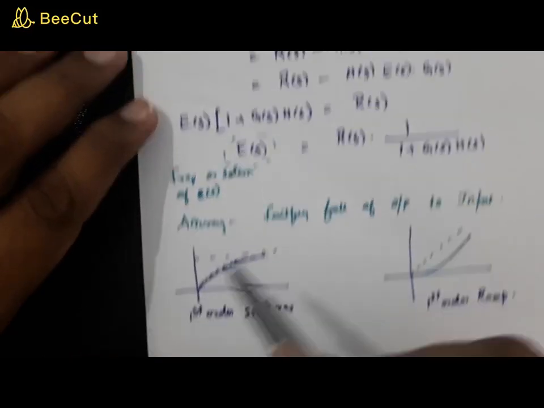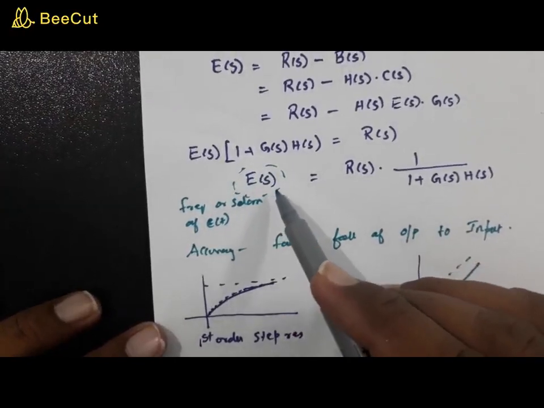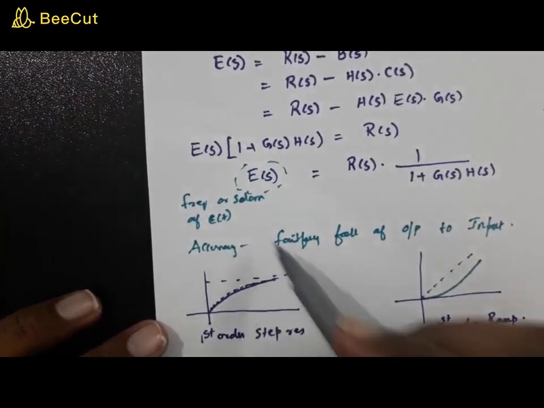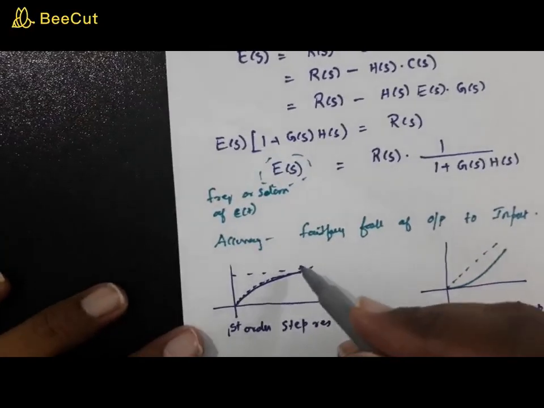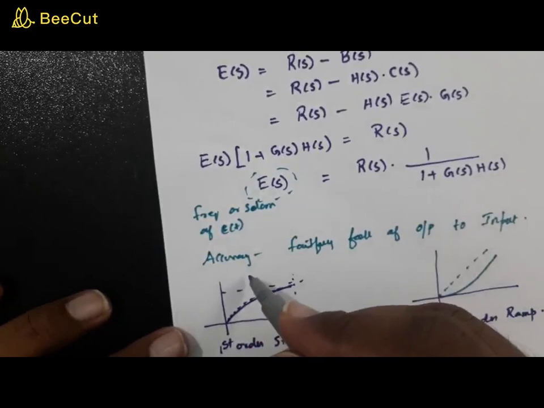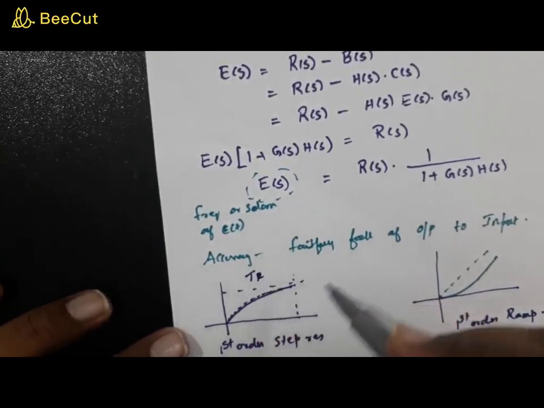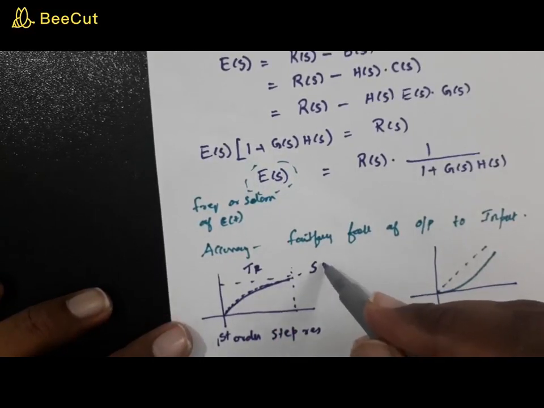Now, what the control does is make this e of s 0, or e of s a minimum. We have seen in our previous discussions that responses can be classified as transient response and steady state response.